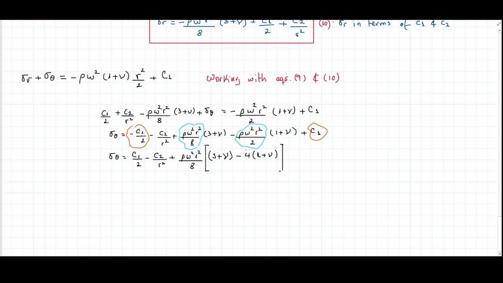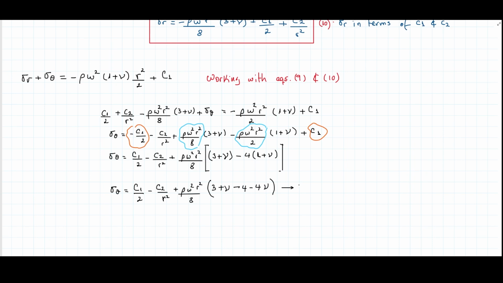Now let's get rid of these parentheses here. Again, this stays the same. Stays the same. Then we work with this one. And let's see. I can say that this equals what? 3 plus the Poisson ratio minus 4 times the Poisson ratio here.